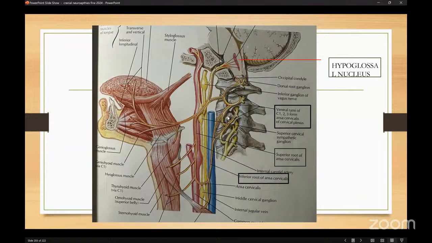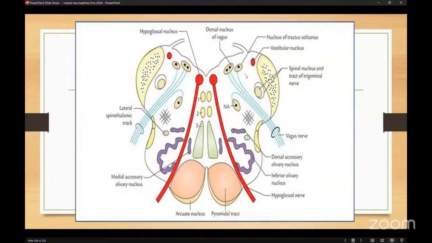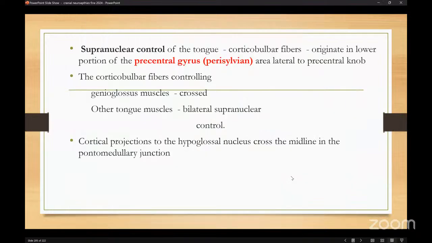And this is the inferior root of the ansa cervicalis. Okay. The hypoglossal nerve comes out of the medulla in the medial part of the medulla. So you get Dejerine syndrome because of involvement of medial medullary syndrome, or heart in brain syndrome, we call it. So ipsilateral tongue and contralateral hemiplegia.